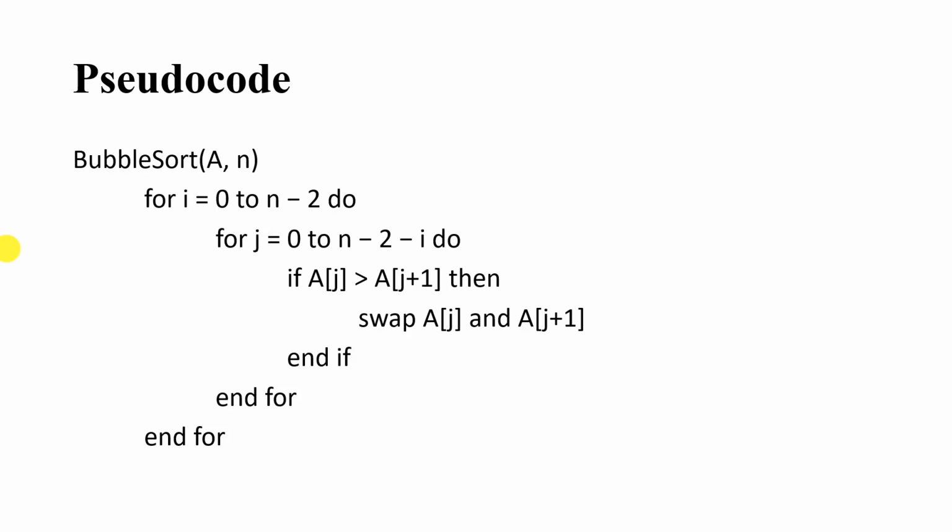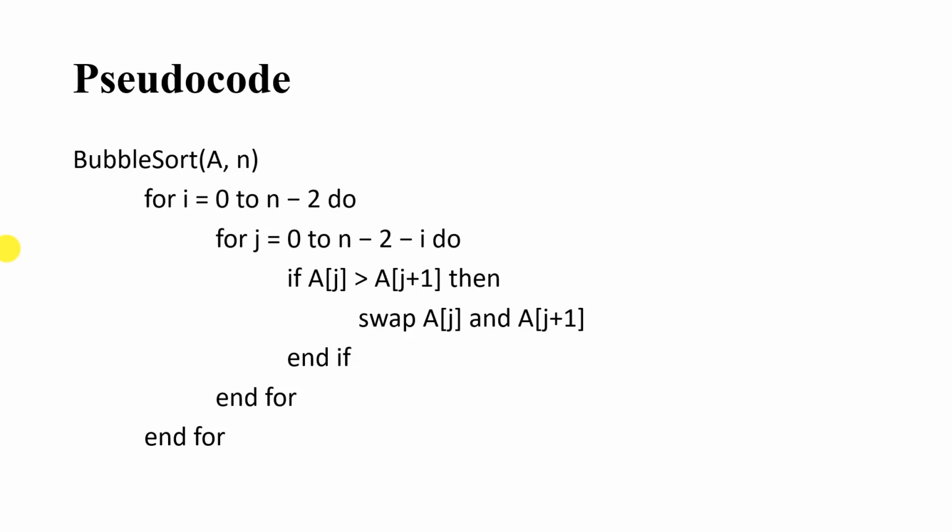In pseudocode we say n minus 2, but in code 0 to n minus 1. So there is a mathematical notation. Next, for j equal to 0 to n minus 2 minus i, in code we say n minus 1 minus i. And then we check the condition: if a of j is greater than a of j plus 1.